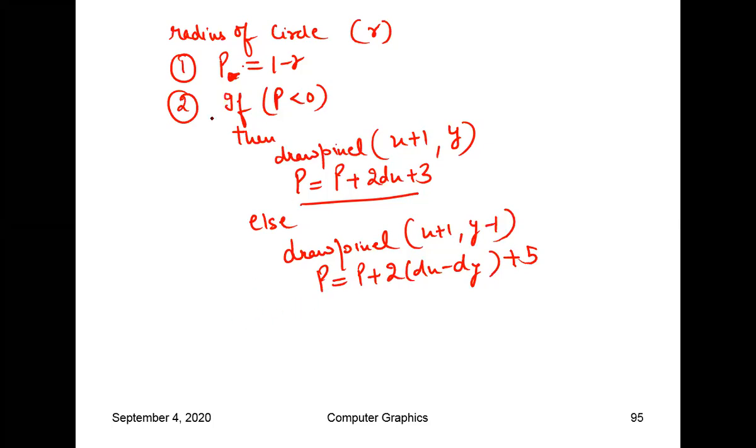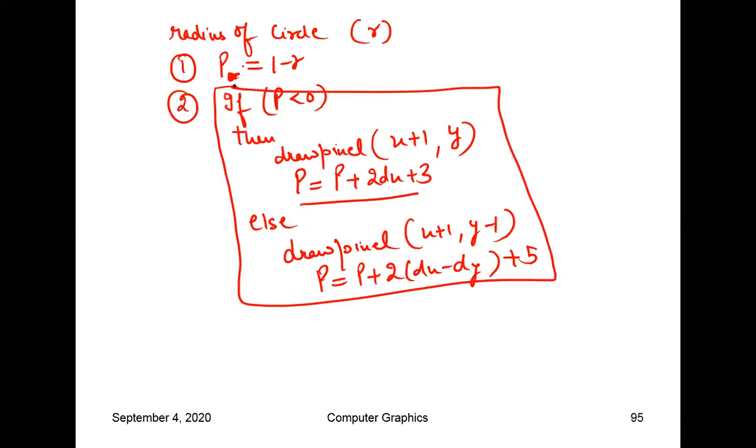Now, how long can this continue? How long will this loop run? Until we reach this point or go beyond it. When we reach here, it means that x is equal to y. So we have to check while x is greater than or equal to y.